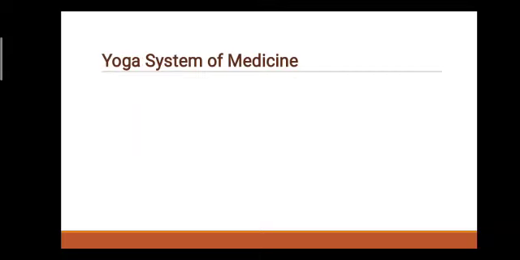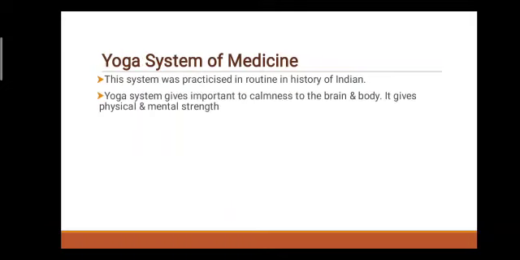Fourth, the yoga system of medicine. This system was practiced routinely in the history of India. Yoga gives importance to calmness of the brain and body. It gives physical and mental strength. One of the methods of yoga is saving physical energy.